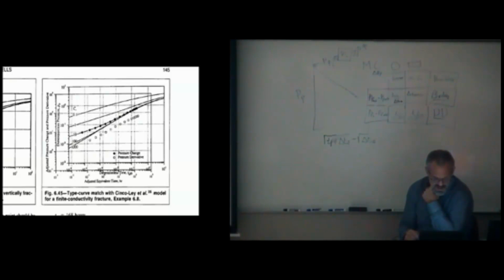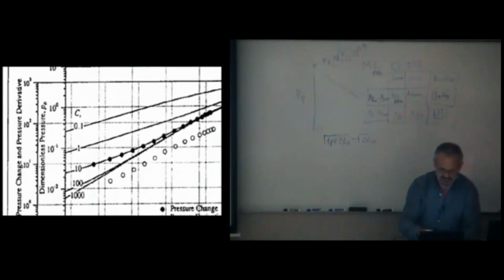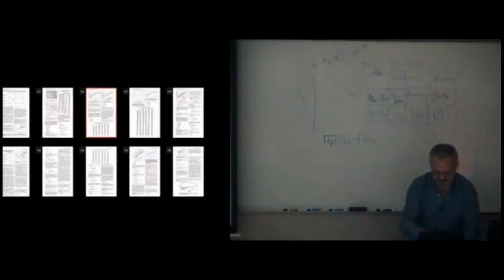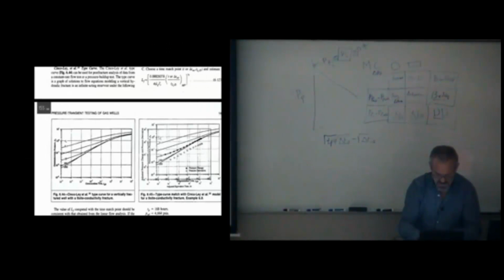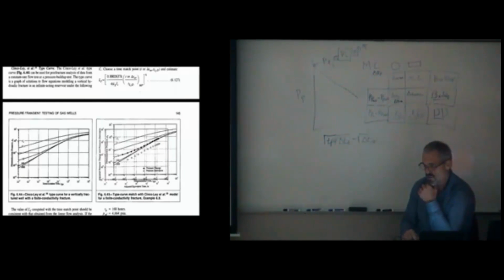I'm not sure why our data and our derivative differ, but the point I'm trying to make is their CR is different than our CFD by pi. So when they're getting a CR of 10, that's our CFD of 31.4.